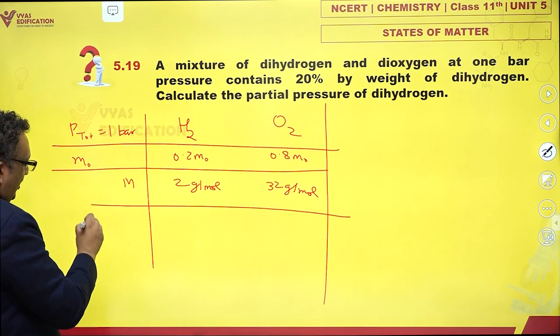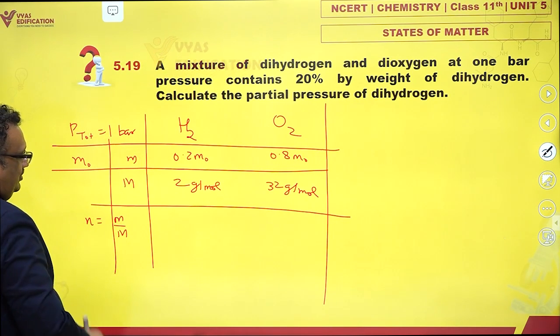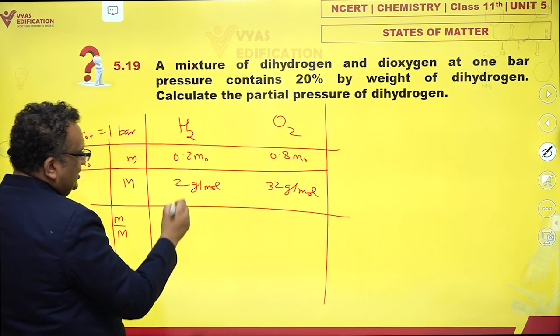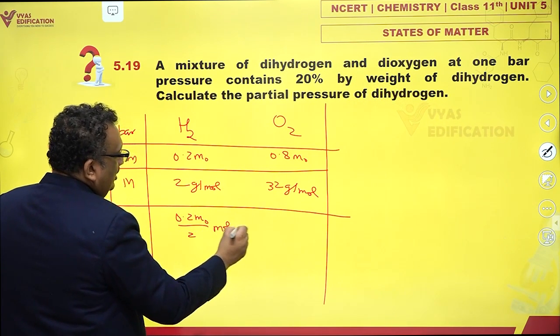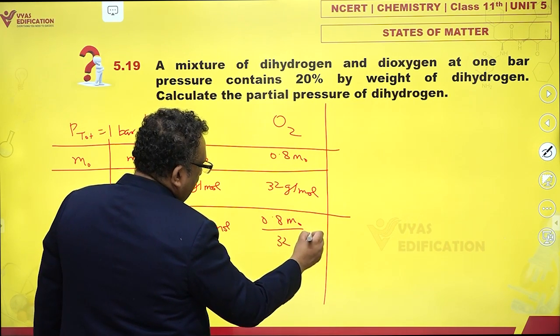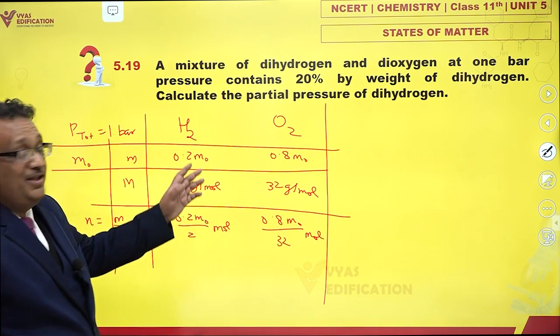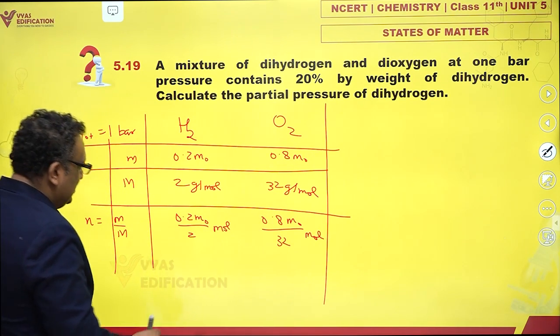So, can I calculate number of moles, which is mass by molar mass? Mass 0.2 M0 by 2. This is 0.8 M0 by 32. These, my dears, are the masses and the number of moles of dihydrogen and dioxygen. How much does this come out to be?